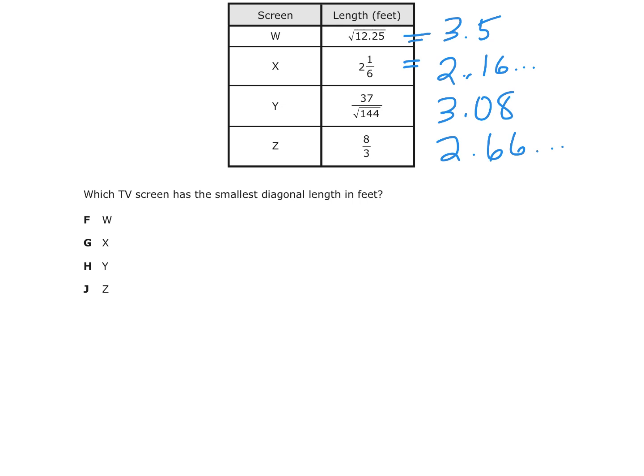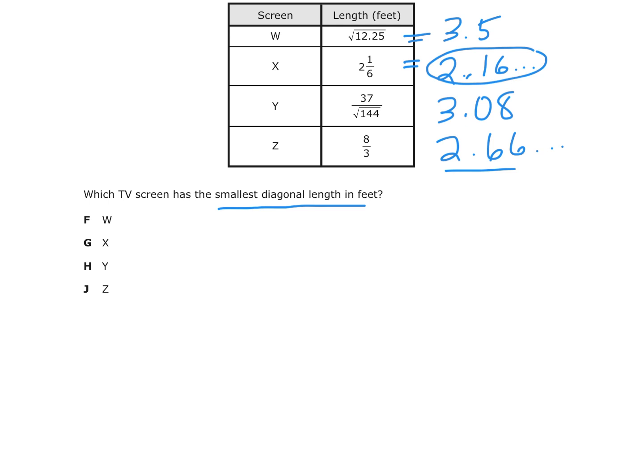So it looks like we're looking for the smallest diagonal length in feet. You need to take a look at the answers closely. This is 2.16, and that's smaller than the 2.66.